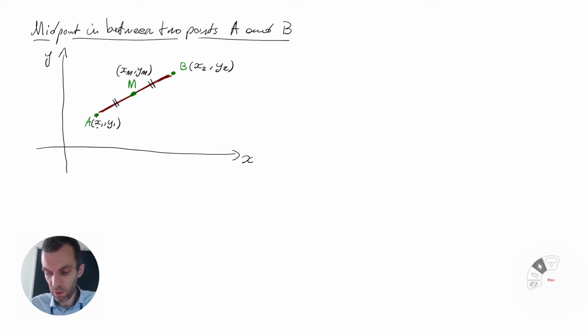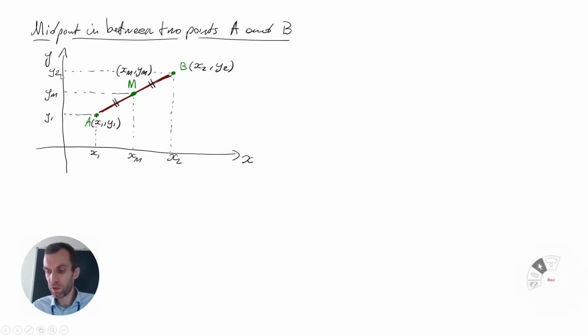So then you can again put these values also on the x-axis, so x1, xm, and x2. And on the y-axis we have y1, ym, and then finally y2.